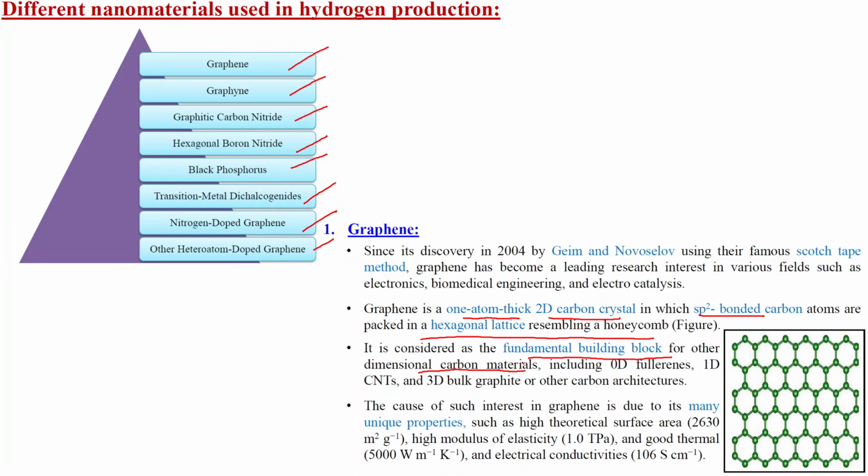Okay, so what happens, suppose for example, this is graphite, lots of layers arranged one over the other, so this is graphite.